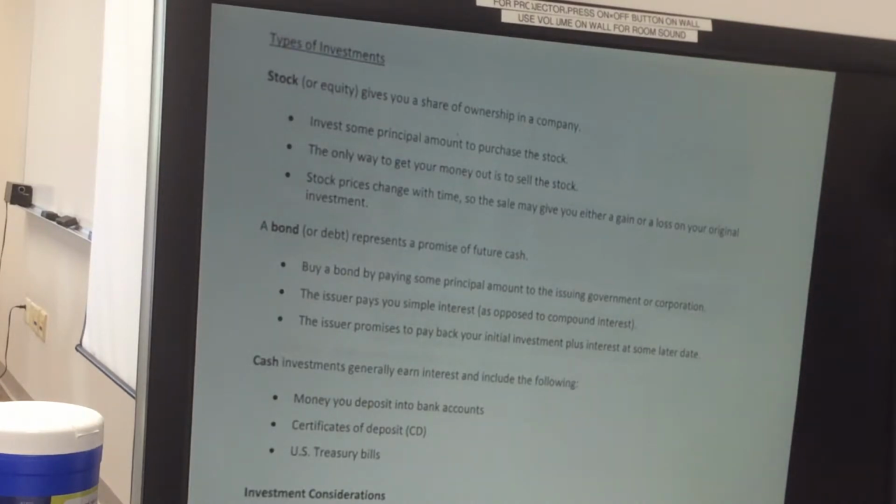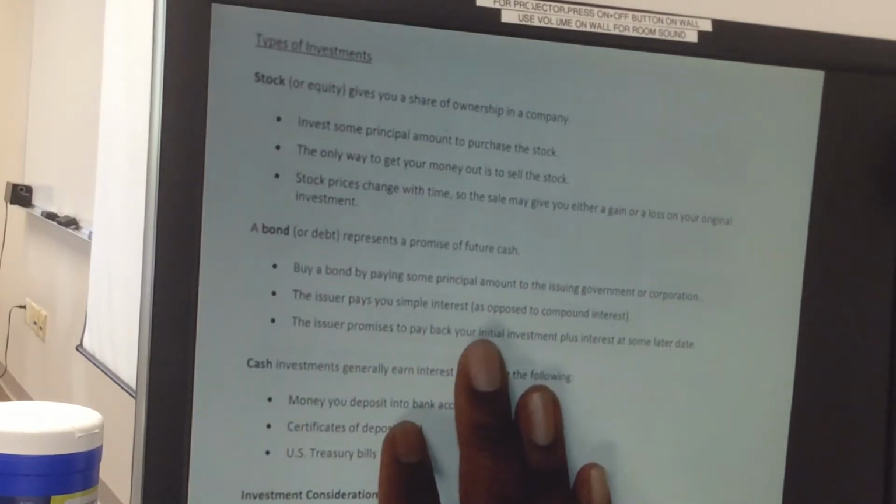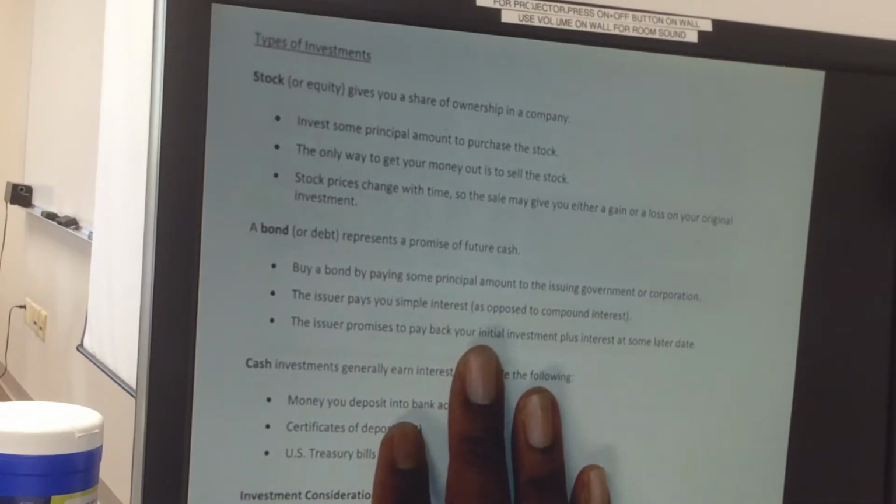Starting with stocks or equity, it gives you a share of ownership in a company. Here you invest some principal amount to purchase a stock, and the only way to get your money out is to sell the stock. Stock prices change with time, so the sale may give you either a gain or a loss on your original investment.